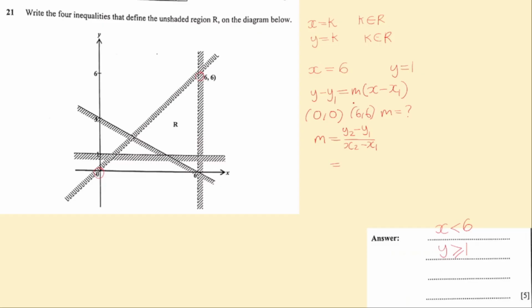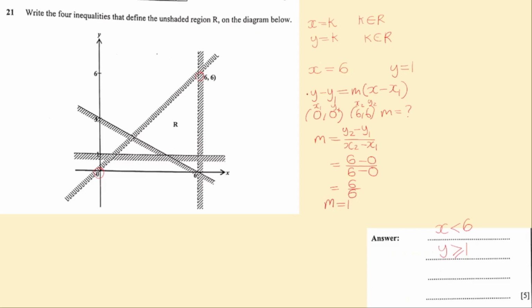I will assign x sub 1, y sub 1 to the first point, and x sub 2, y sub 2 to the second point. So y sub 2 is 6, x sub 2 is also 6, minus y sub 1 is 0, x sub 1 is 0. 6 minus 0 is 6, 6 minus 0 is 6. My gradient is 1.